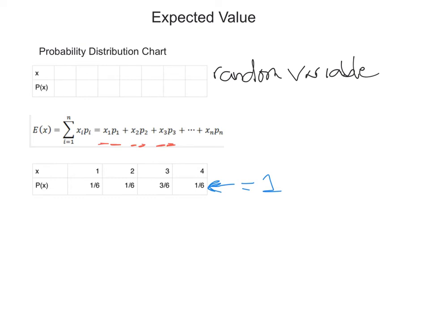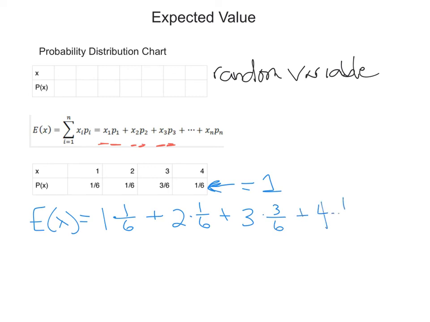So if we want to find the expected value, what we do is we multiply 1 times its probability of 1/6, plus 2 times its probability of 1/6, plus 3 times its probability of 3/6, plus 4 times its probability of 1/6. Again, notice this is a chart that I just made up out of my head.